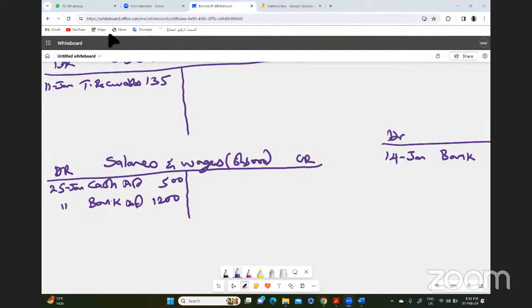We can't see your whiteboard. Sure. What if they give you a balance sheet and other descriptions for transactions in that same month? How do you handle that? Balance sheet. If it is a question, you'll have to bring that question and we see how to attempt it.